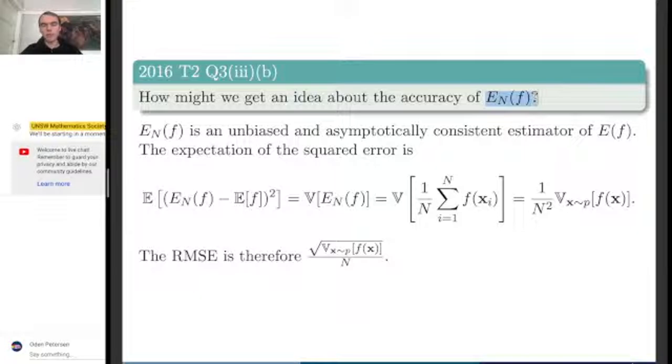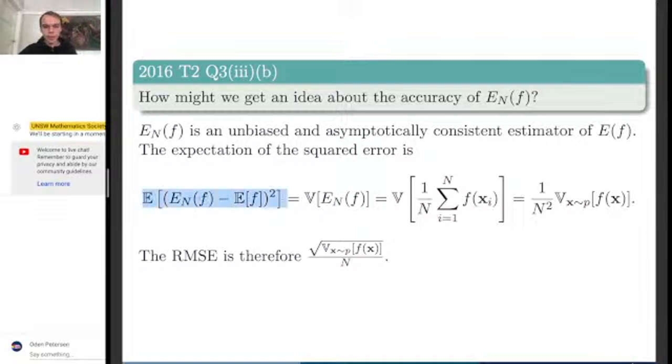When I say the expectation of the estimator, what I mean is if we're taking a Monte Carlo estimator with 10 samples, and then take a new 10 samples and compute the estimator, and then a new 10 samples and compute the estimator, and so on, in the long run, the average of all these estimator values is going to be equal to the number we want. That's a nice property to have: this is unbiased, meaning that the expectation of the estimator is equal to the thing we're trying to estimate.